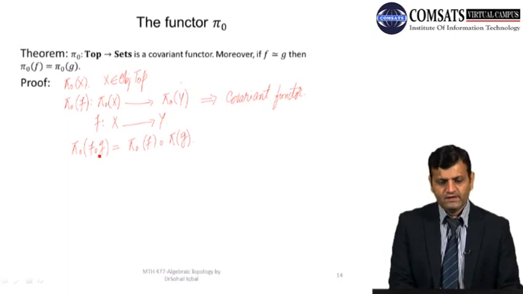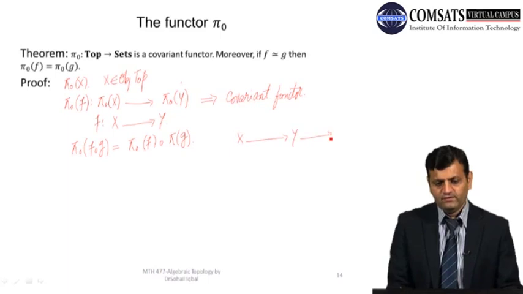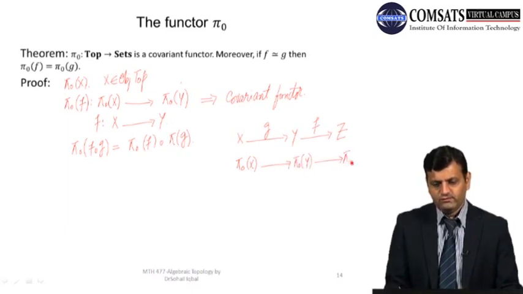In other words, suppose we have X to Y and Y to Z, where g is a function from X to Y, and f is a function from Y to Z. Then f composition g is a function from X to Z. What this statement is saying is that if you apply first pi naught of g, from pi naught of X to pi naught of Y, and then go to pi naught of Z.